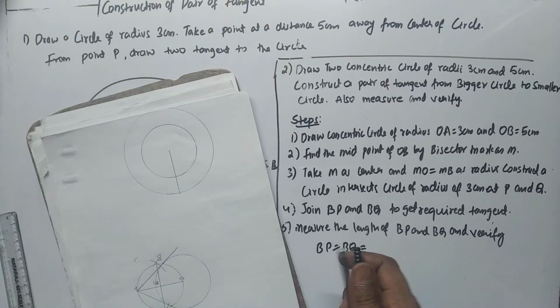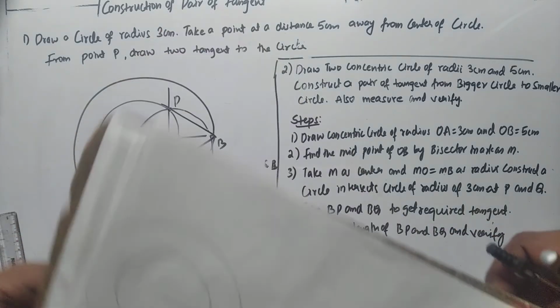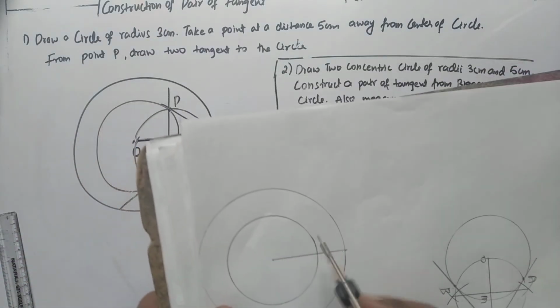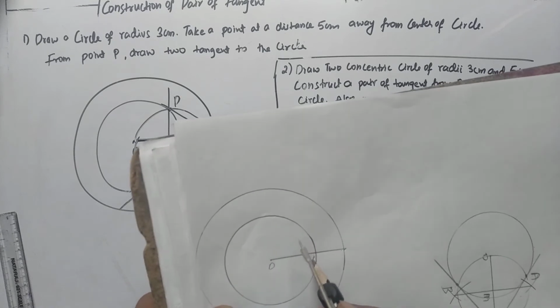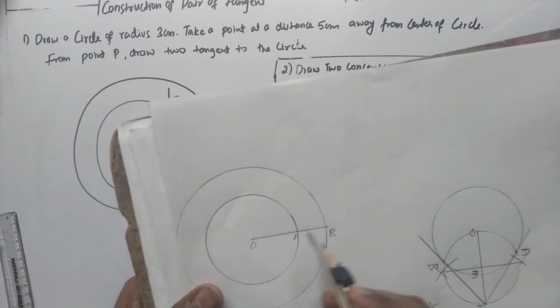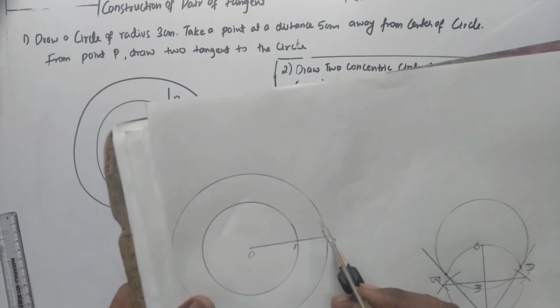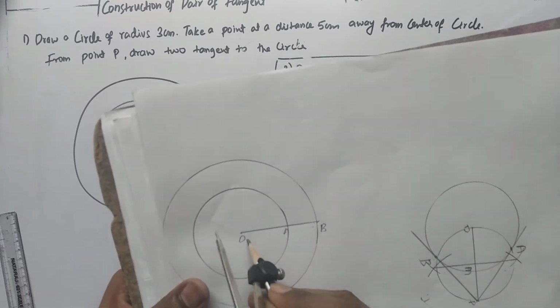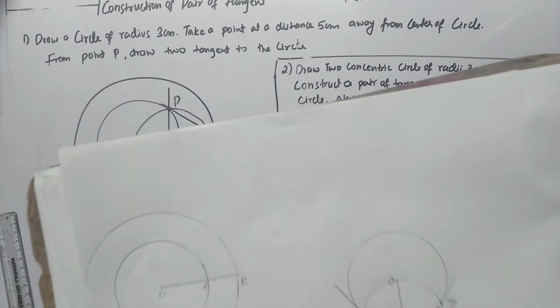Okay, so as you can see, I have drawn the circles. I have drawn a circle with OA as radius 3 centimeter and OB as radius 5 centimeter, two concentric circles. Now it is saying that you have to bisect OB. So we will be bisecting OB.